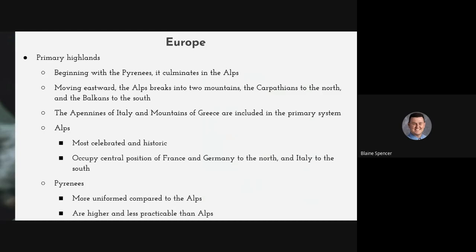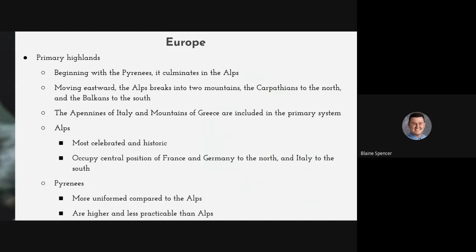All right, so we're gonna break down each one. So the Alps are going to be the most celebrated and historic. Okay, we'll hear about this because that's where the bulk of civilization and history was for hundreds of years. Okay, the Roman Empire, Nazi Germany, the rise of France, the rise of Great Britain had to deal with that a lot.